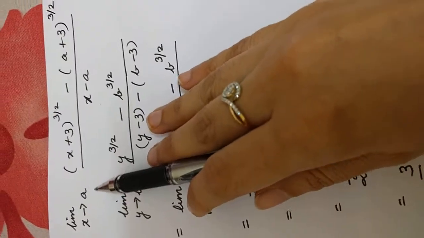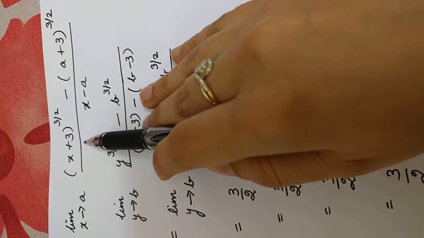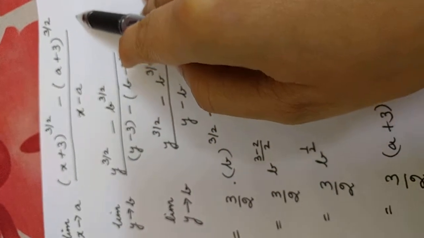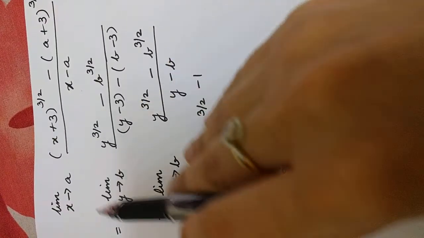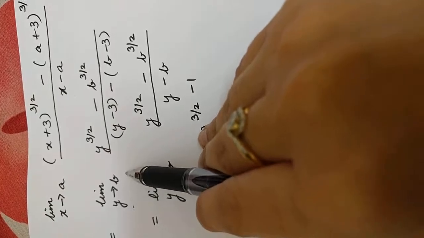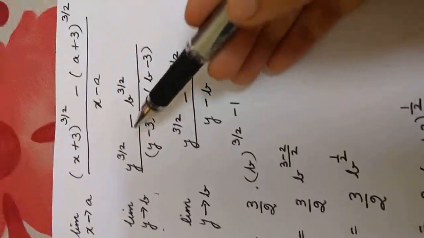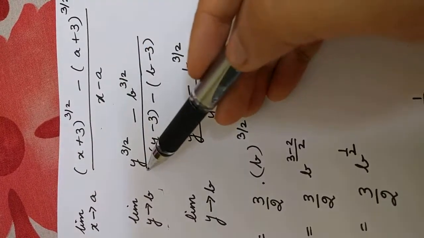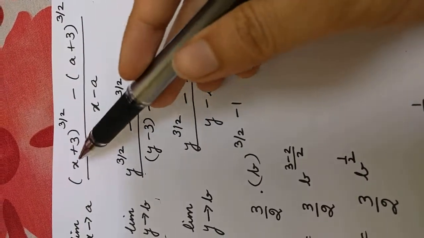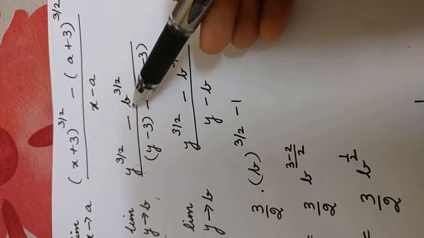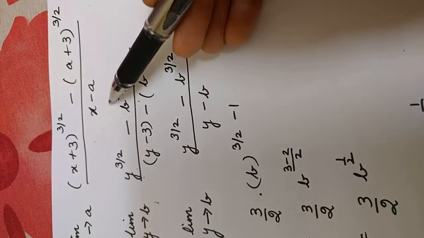Limit x tends to a has been converted into limit y tends to b, and x plus 3 is written as y and a plus 3 is written as b. So this is y to the power of 3 by 2 minus b to the power of 3 by 2.